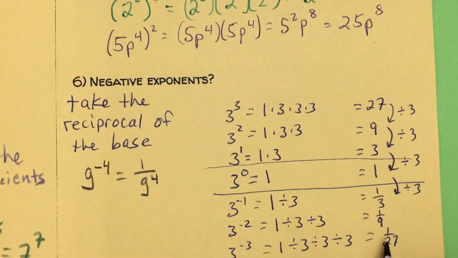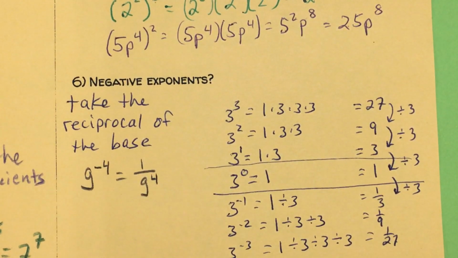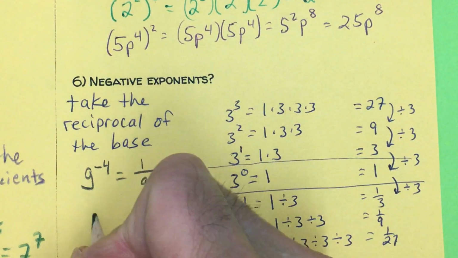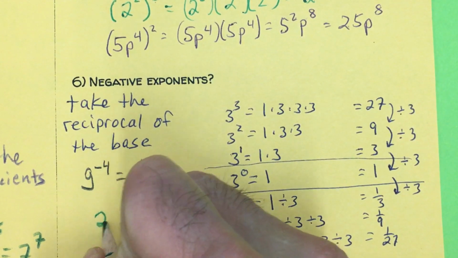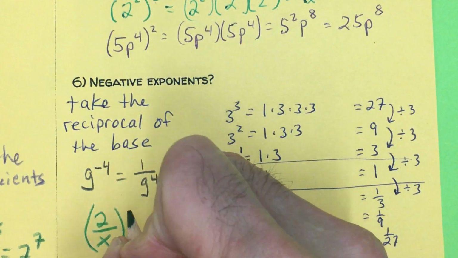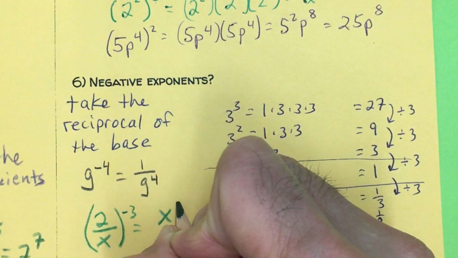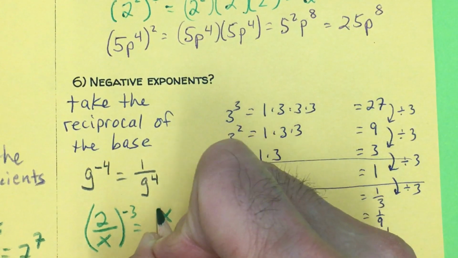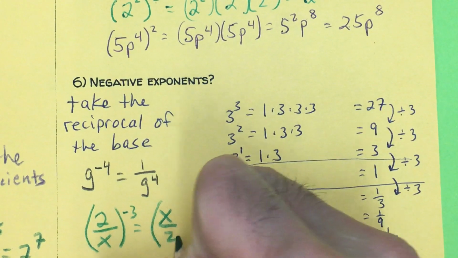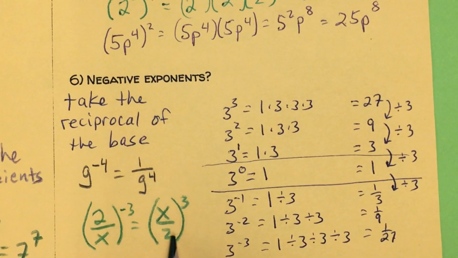Just like this would be 1 over 3 to the positive 3 power. And one last one. 2 over x to the negative 3 power becomes x over 2 to the positive 3 power. This one goes to the bottom, this one goes to the top. Sign switches.